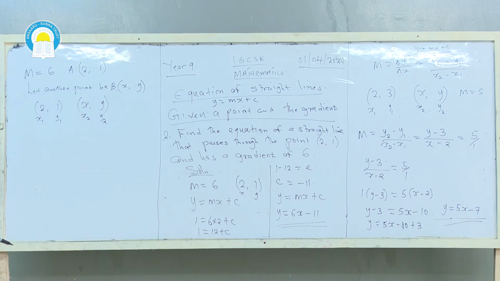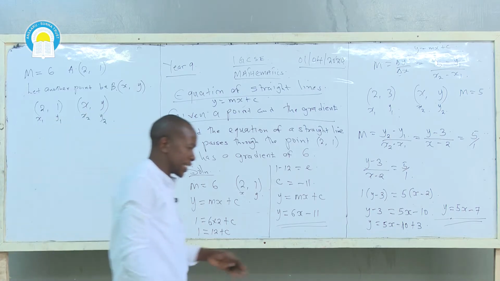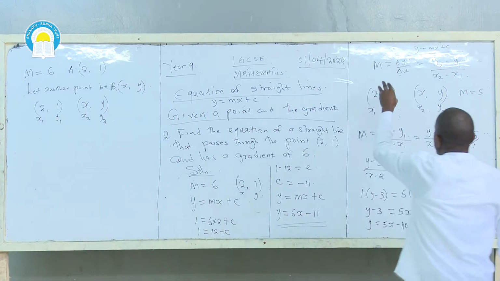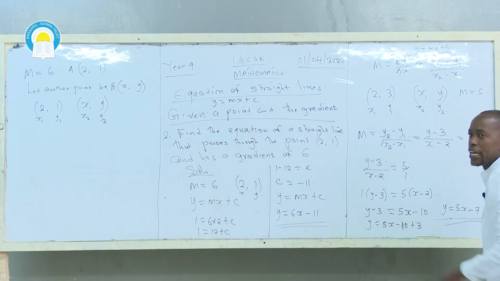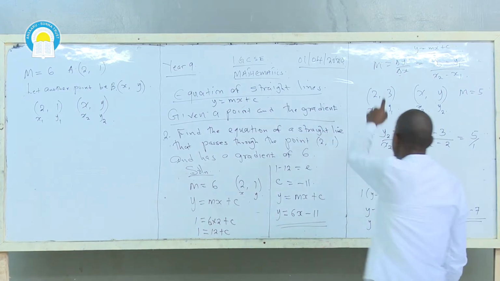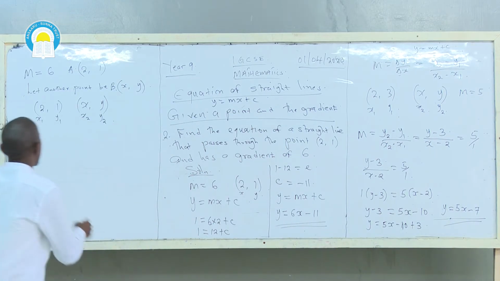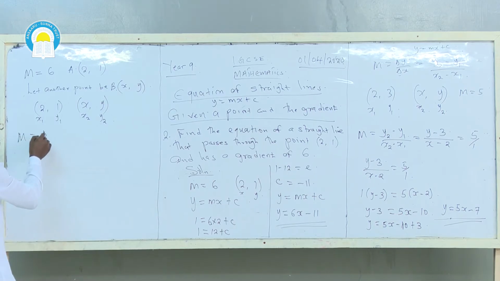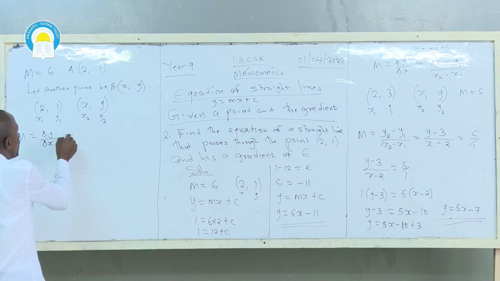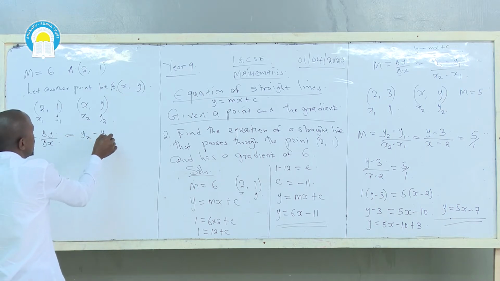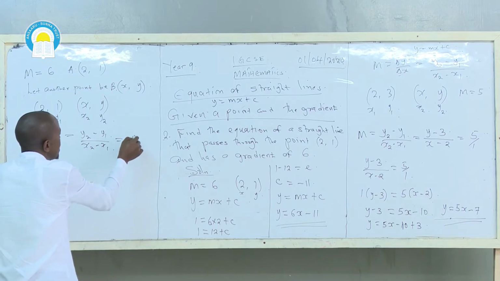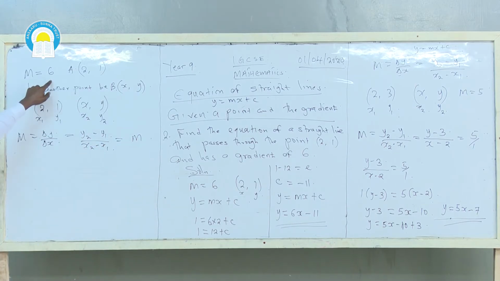Now, we are using the method of finding the gradient. We are going to equate the gradient because the gradient is already provided. Gradient is change in the y-axis over change in the x-axis, which means (y2 - y1) over (x2 - x1) is equal to 6.